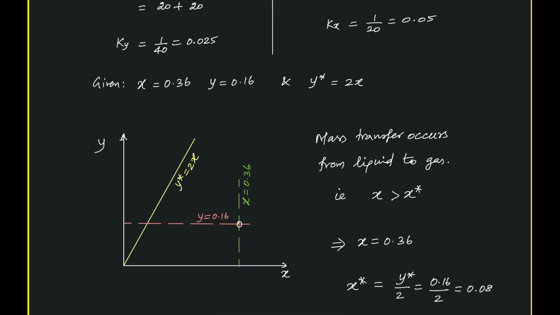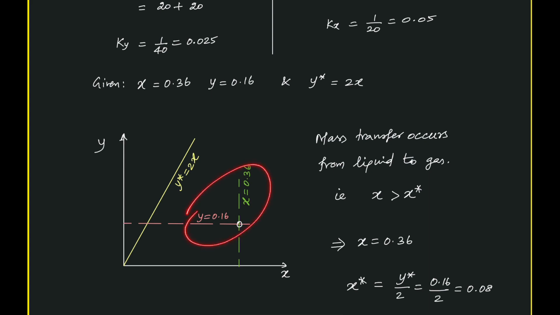Normally in absorption, the inlet concentrations are somewhere here, and the operating line will be over the equilibrium line. Here the operating point is below the equilibrium relation of y versus x.